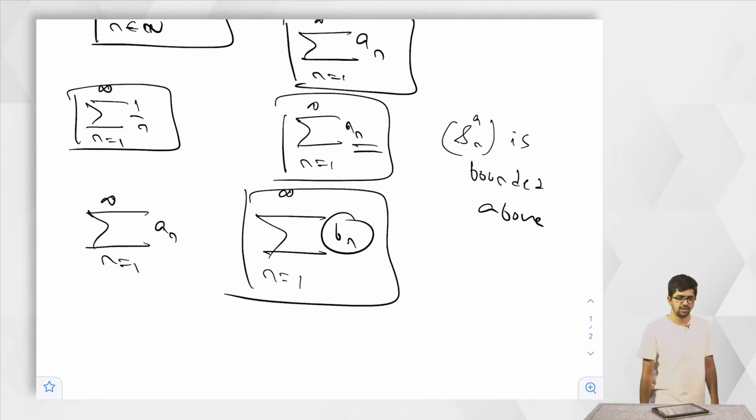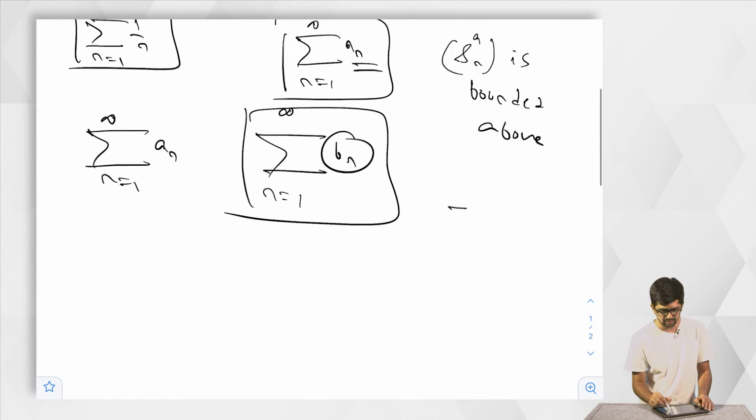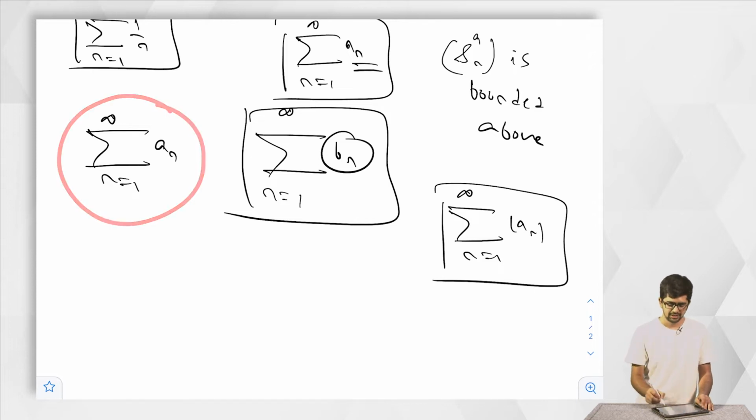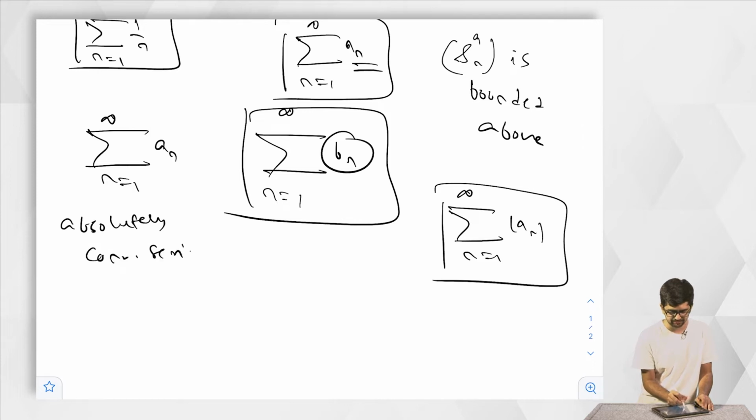Then we realized that for series with non-negative terms we seem to have enough machinery to handle them. So it may be useful to convert every series into a series of non-negative terms. That way we end up with the notion of summation mod a_n, 1 to infinity. A series for which this series is convergent is called an absolutely convergent series.